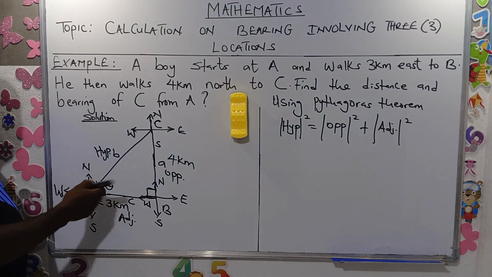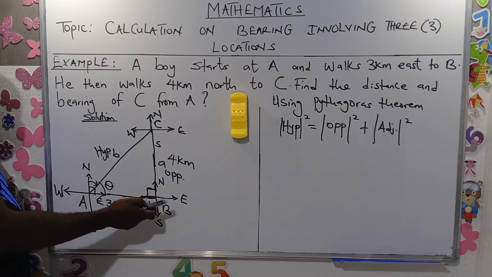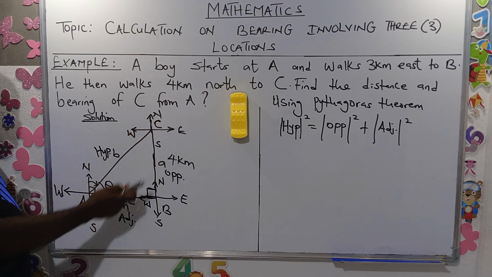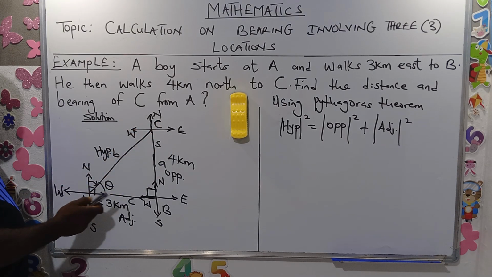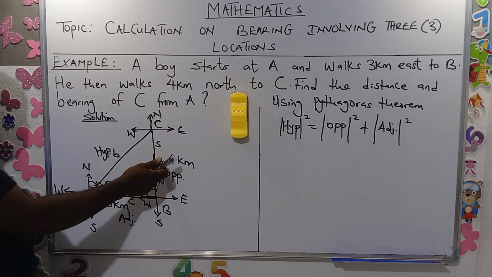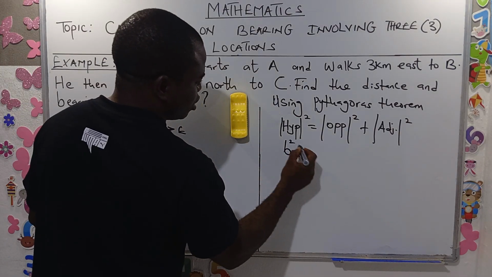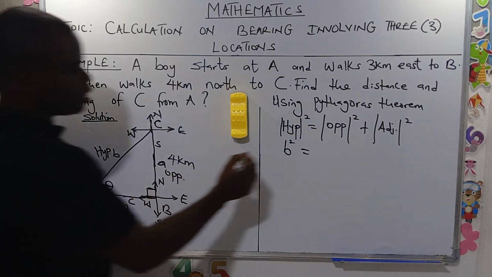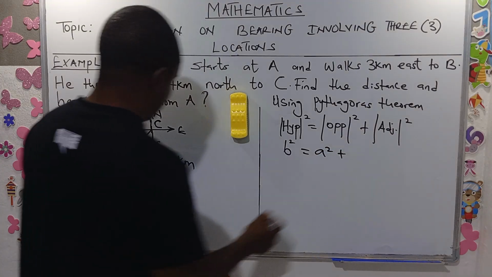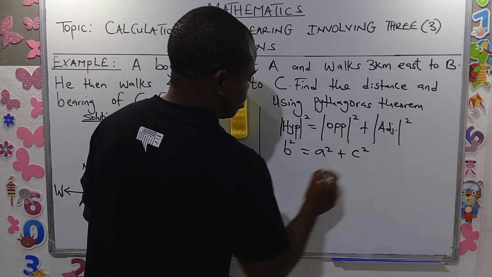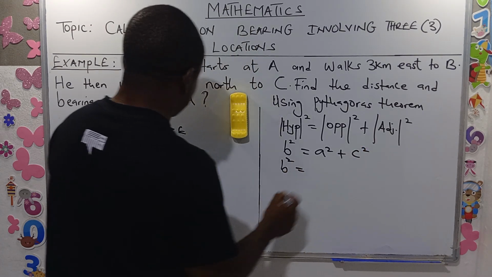The hypotenuse is b, because it is opposite capital letter B. The same thing, the line directly opposite to angle C is small letter c, while the line directly opposite to the angle A is represented with small letter a. Hypotenuse now will be b squared equals a squared plus c squared.